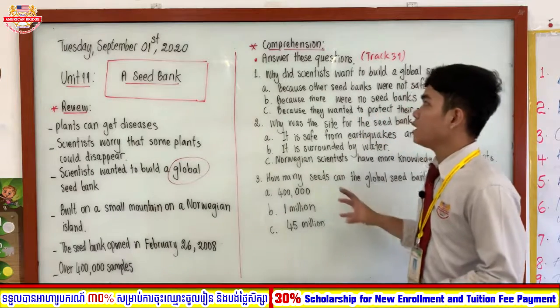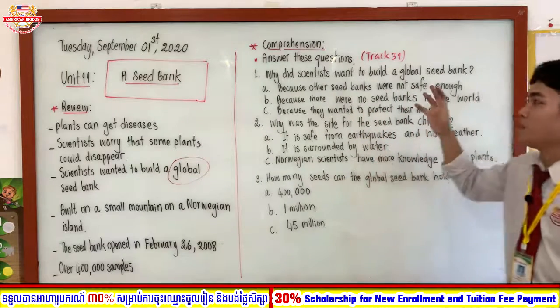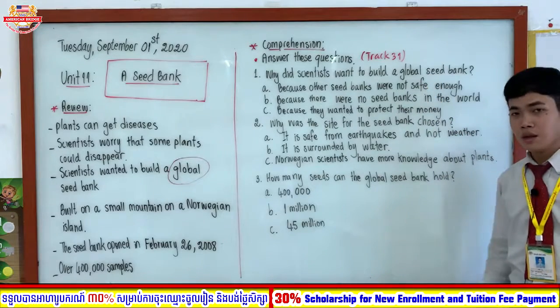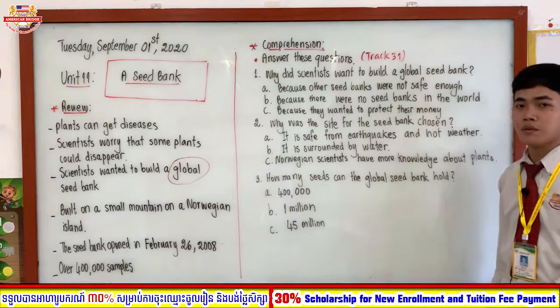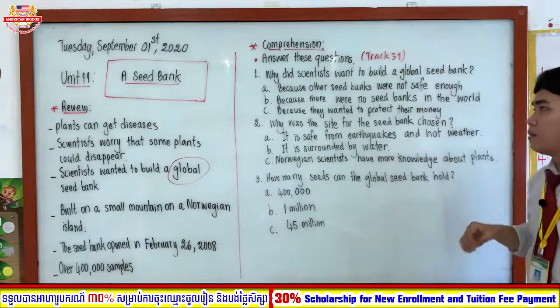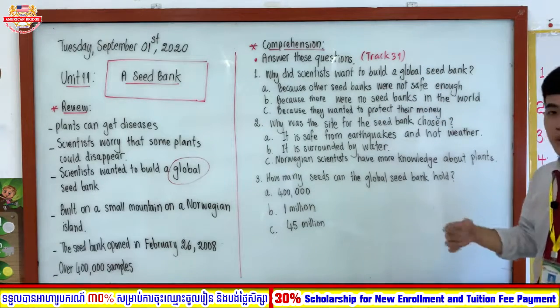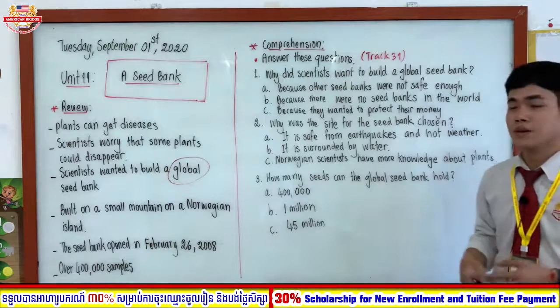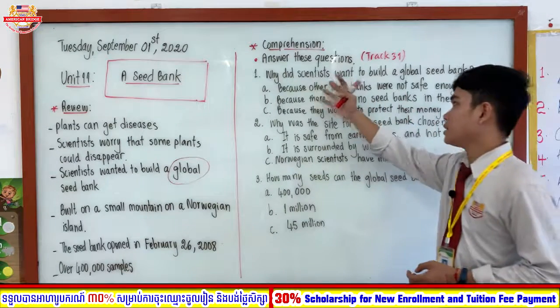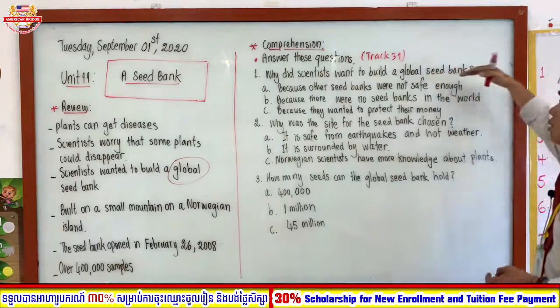Today we're going to move on to our comprehension part. The comprehension part is still on our listening, which is track 31. Let me read something on the whiteboard before we do it. Why did scientists want to build a global seed bank?